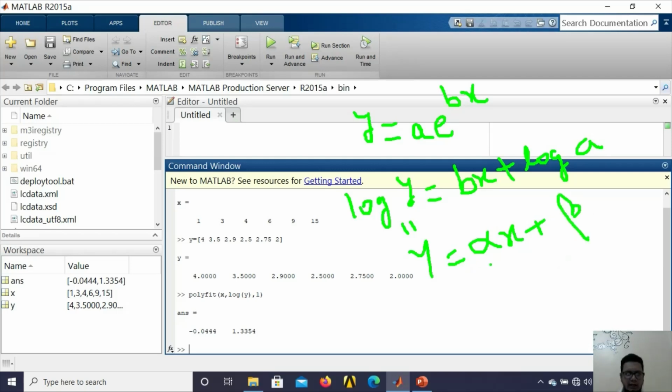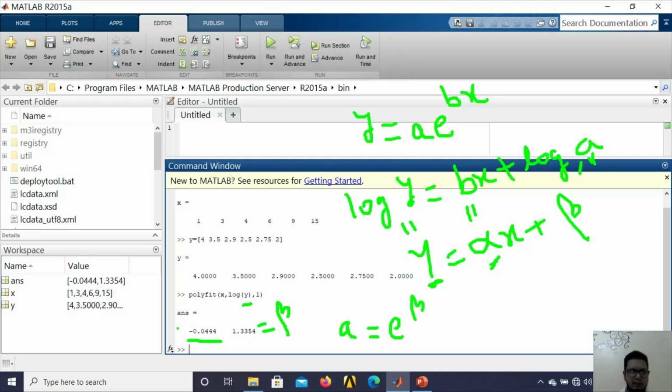Now I can apply the polyfit function. Instead of y, I used log y, and this alpha value is your b value, so that's why I got alpha, which is actually b. The value 1.3354 is your beta value. To get a from beta, a is nothing but e to the power of beta.